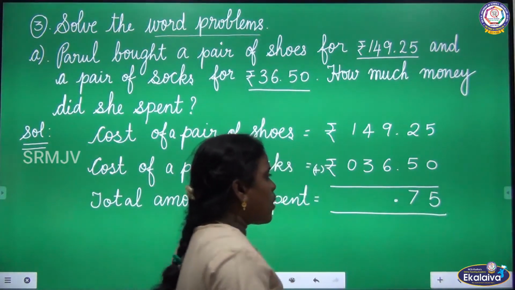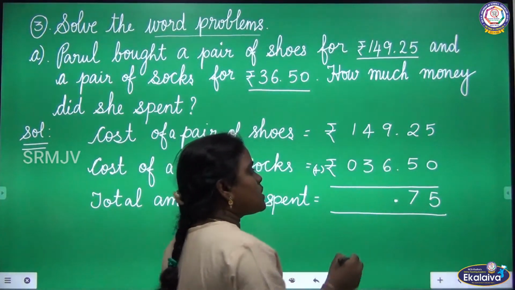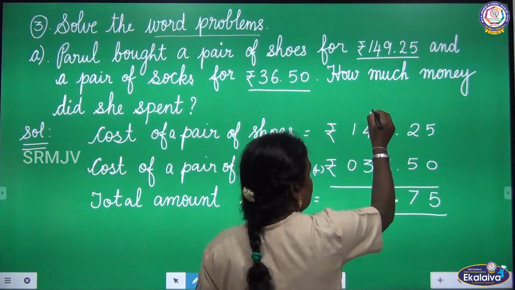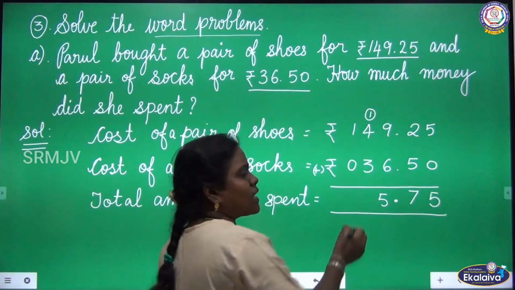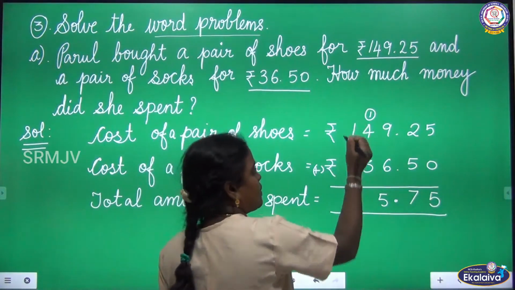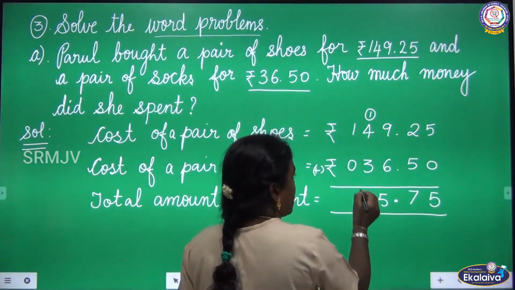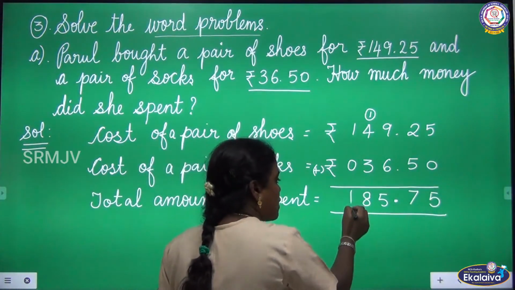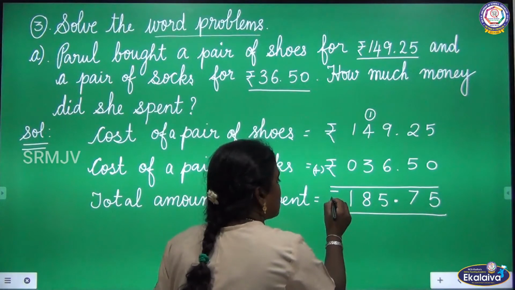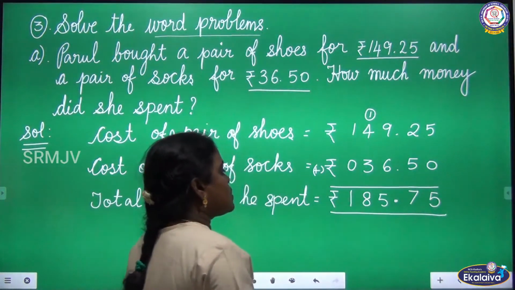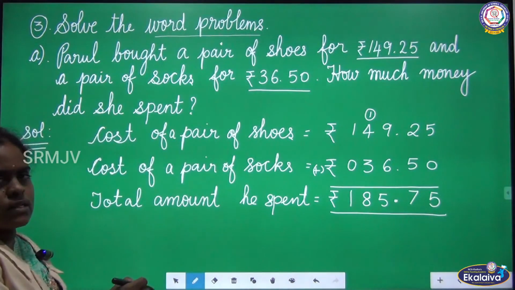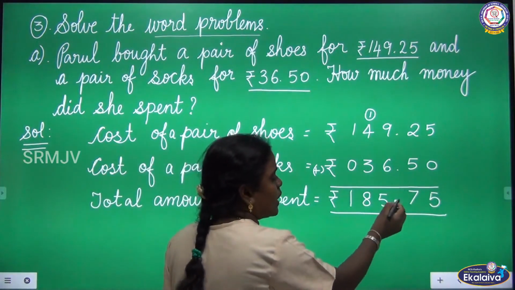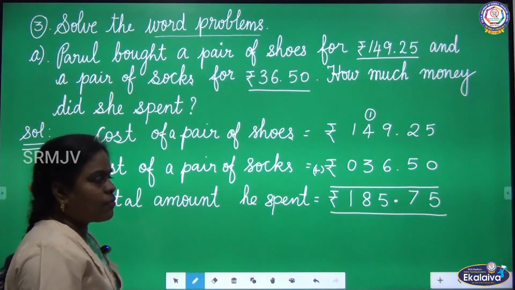Place a decimal point. 9 plus 6, it is 15. 5, 1 carry over. 3 plus 4, 7. 7 plus 1, 8. And next we have 1 and 0 and the sum is 1. So the cost of both the things, that means the amount which she spent is 185 rupees and 75 pice.